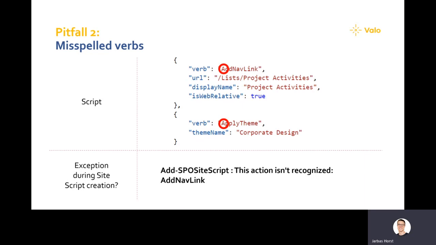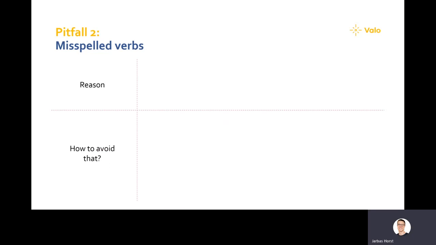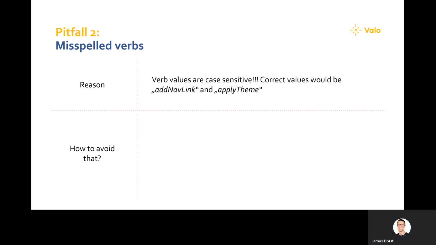In this case, if you have a big script with a lot of verbs, it will be difficult to troubleshoot, to find the mistakes. So what's the reason here? Verbs are case-sensitive values. Correct in this case here would be to have the first A of the add nav link and apply theme as a lowercase value.